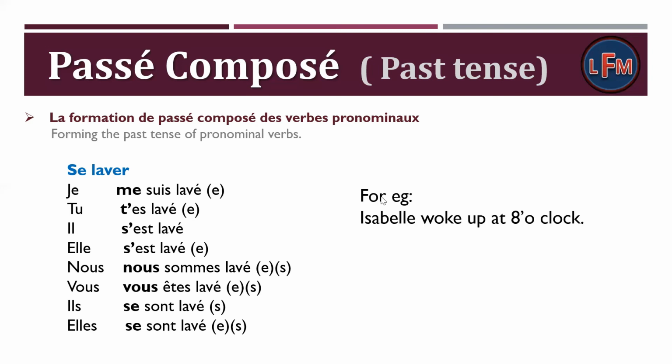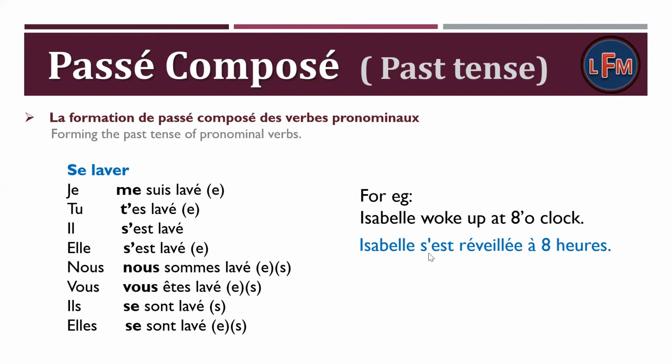For example, Isabel woke up at 8 o'clock. So to wake up, the verb is se réveiller. So first, with Isabel, we take the reflexive pronoun, which is se, then the auxiliary verb être, then the participe passé of the verb, which is réveillé.